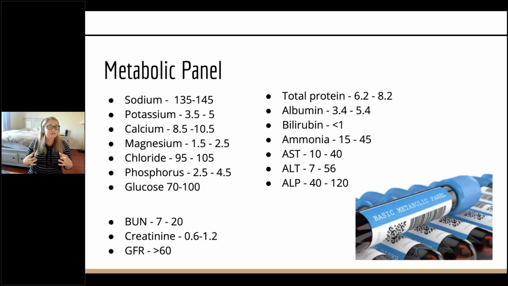It's going to show us nutritional status of the patient. If they are in a starvation process, or maybe they have an eating disorder, they're severely malnourished, their protein will be depleted. That's not going to be so good for us. It's also going to help us assess liver and kidney function. If the liver and kidney are malfunctioning, that protein can go down as well.